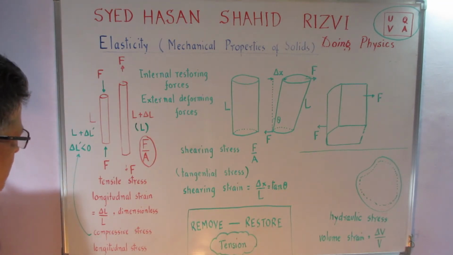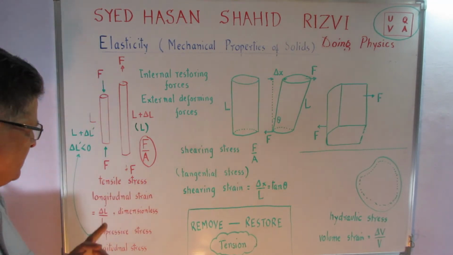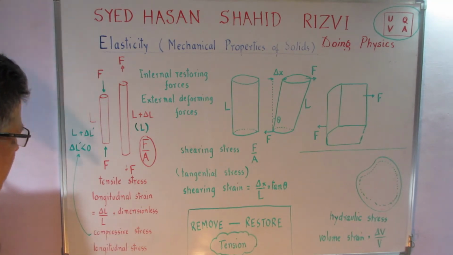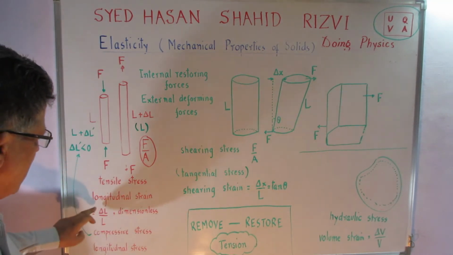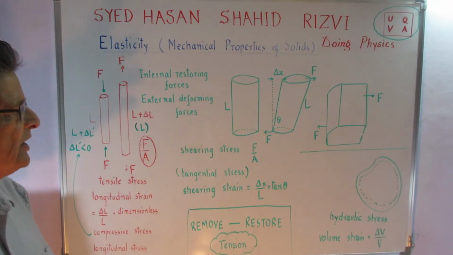Okay, and then in both the cases, we find that there is a longitudinal strain, and this strain is delta L upon L. Having the same dimensions, length upon length, this is a dimensionless quantity.